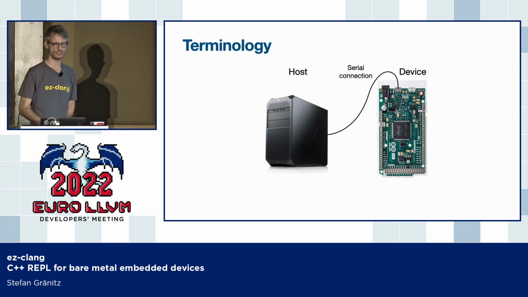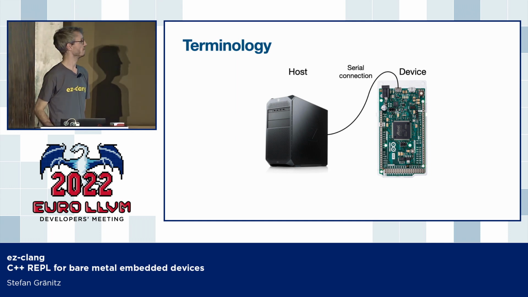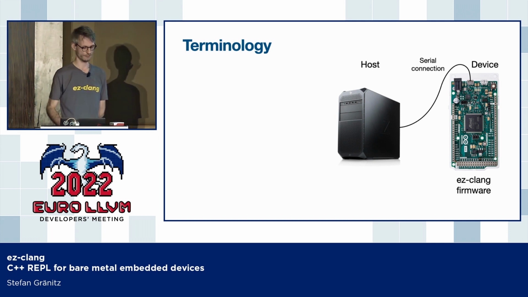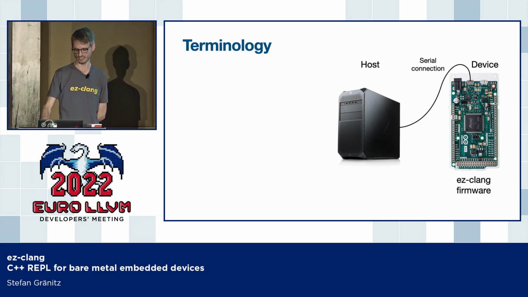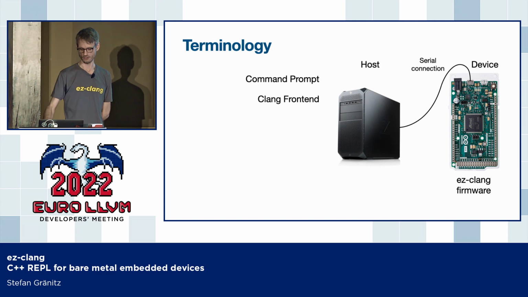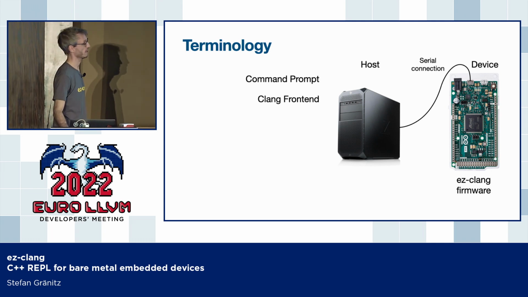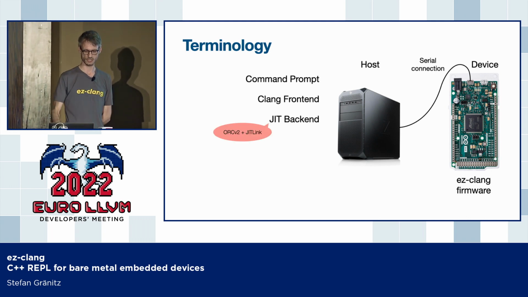So what do we have? We have a host computer that I have here with the REPL and everything, and an embedded device that has a custom firmware, and they're connected through a serial connection. The firmware basically implements only the RPC endpoint that we want to talk to. And all the interesting things happen on our host. There is a command line and a Clang frontend, of course, that compiles C++ to bitcode.